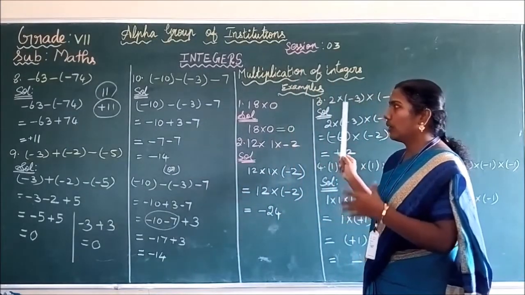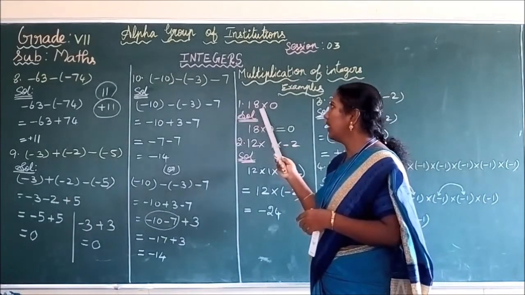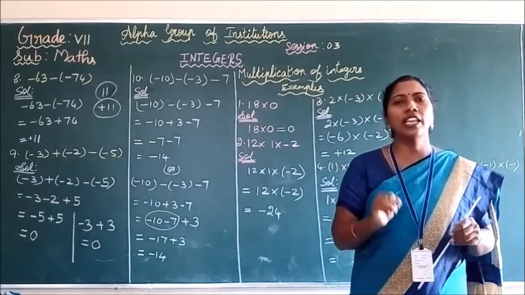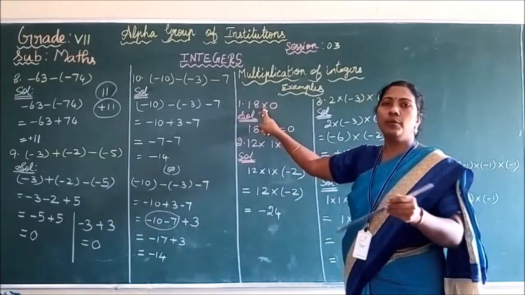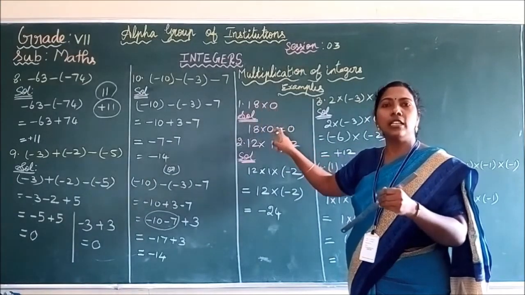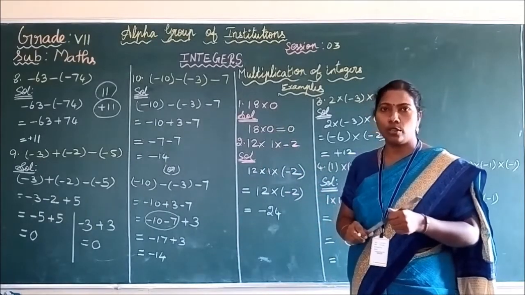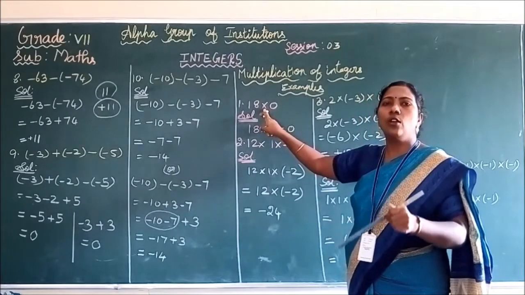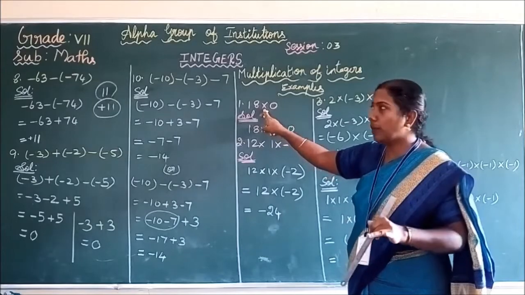One more thing I have to clarify to you now. This is a multiplication sum, 18 into 0. In the multiplication of integers, definitely they give the multiplication symbol. Some of you mistakenly do the multiplication sum as an addition sum or subtraction sum, like that you are doing in your homework. If the multiplication symbol comes in the question, you have to do the multiplication operation only, not addition or subtraction.